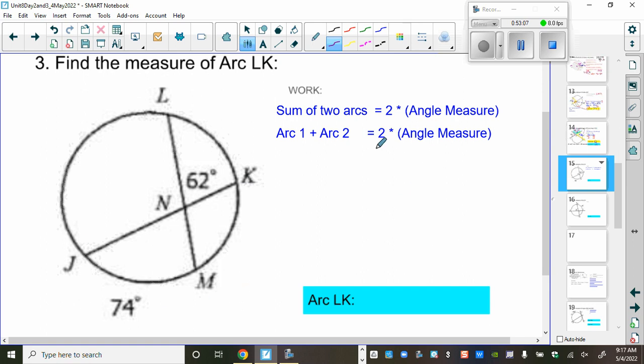Now, what I always tell students, look at your angle, go opposites. You can label it arc 1, and then arc 2.